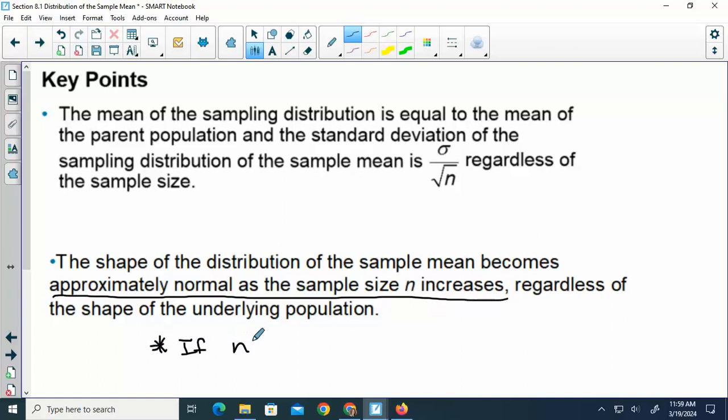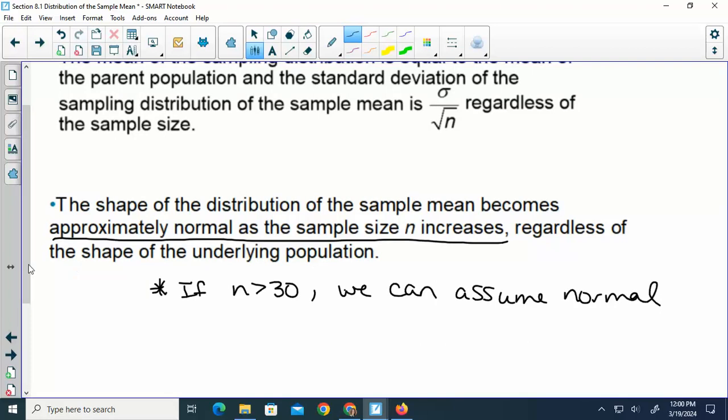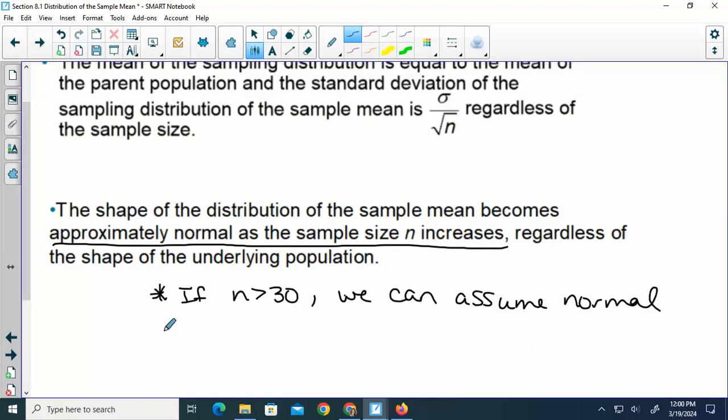In general, if N is greater than 30, we can assume it's normal. If N is less than 30, the original data must be normal.